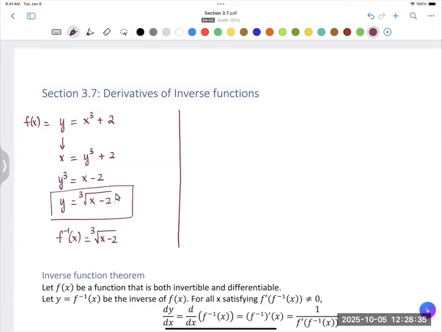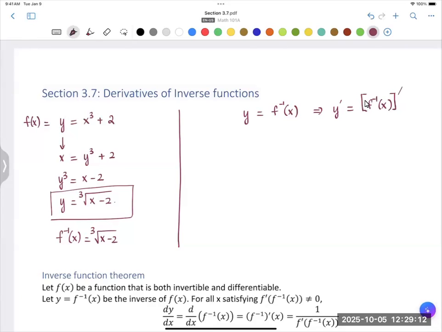So first of all, we're going to start with an inverse function. I'm going to call y an inverse function. And to take the derivative of this function, I'm going to have y prime equal to f inverse prime of x, or if you want, you can also write f inverse of x and then the whole thing to the prime.